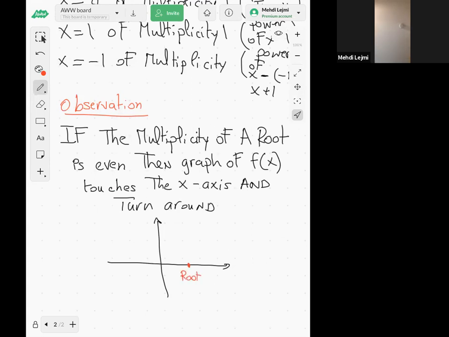If the multiplicity of the root is even, then the graph of f of x is going to touch the root, and it won't cross the x-axis, so it's going to turn around here. So that's my f of x, because this root is of even multiplicity.